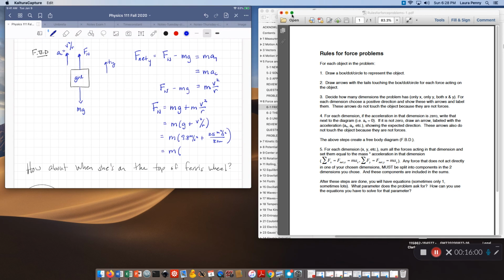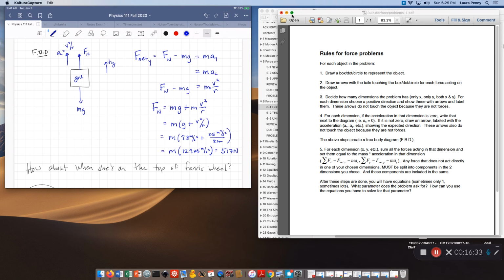So that's 9.8 plus 25 divided by 8, which is 12.925 meters per second squared, times her mass, which was 40. Which is 517 newtons.